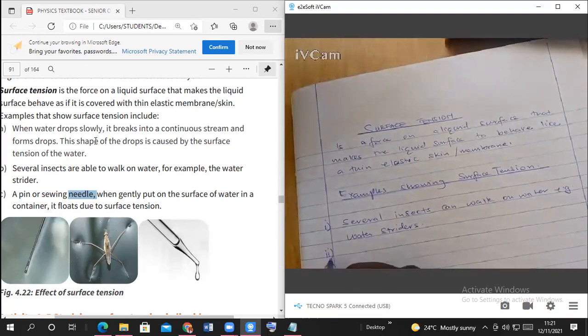The number 2, you can write this third one here. A pin or a sewing needle, when gently put on a water surface, floats due to surface tension.